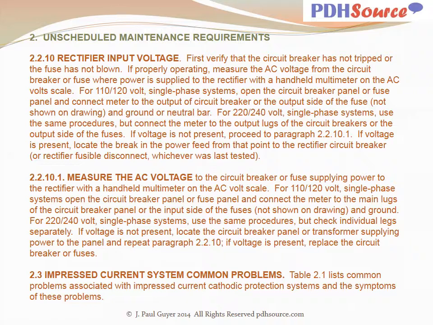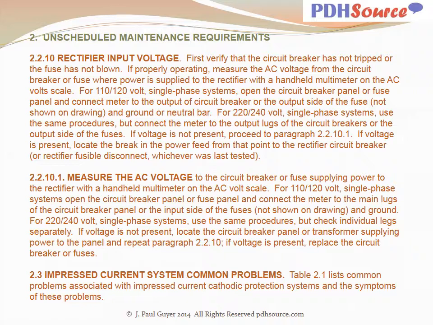For 220, 240 volt single-phase systems, use the same procedures, but check individual legs separately. If voltage is not present, locate the circuit breaker panel or transformer supplying power to the panel and repeat paragraph 2210. If voltage is present, replace the circuit breaker or fuses.